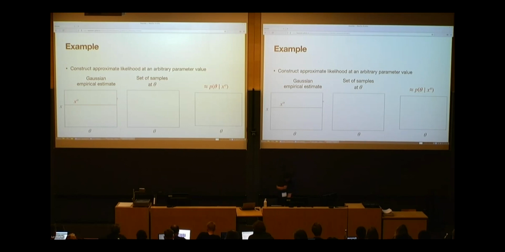So here's a sweep over the parameter values, and on the second plot, you see the values that were sampled at that particular parameter value. We fit a Gaussian to that histogram, and we get an estimate of the likelihood function at each of the points.